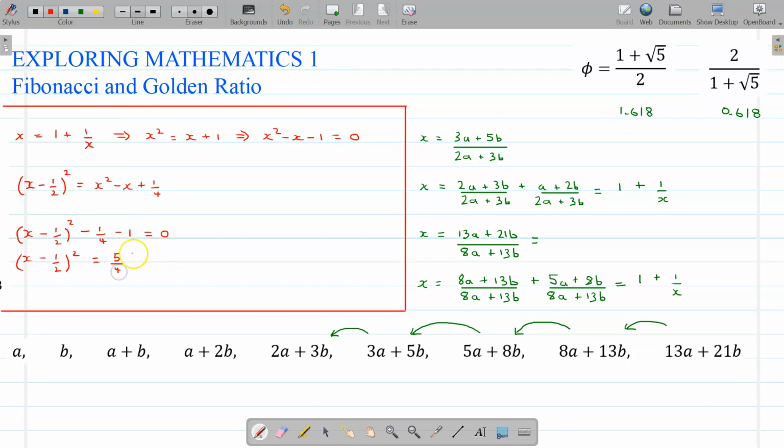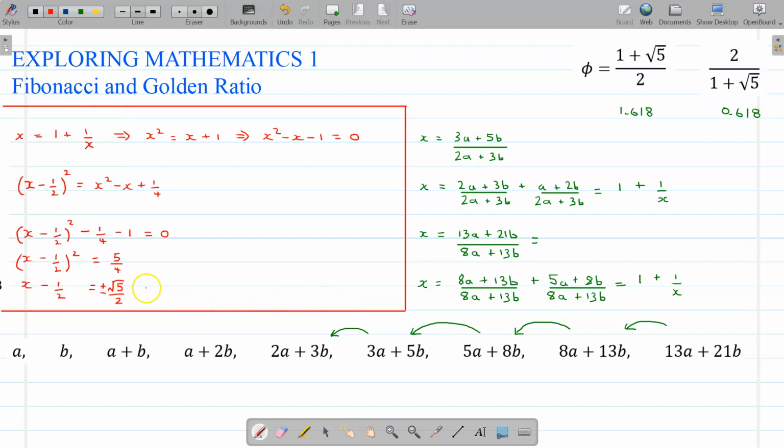Okay, that means that if I square root both sides, x minus a half, without the squared in it, is the square root of 5 over the square root of 4, which is root 5 over 2. But because you can have two roots that when you square them they become positive, you can have plus or minus root 5 over 2.